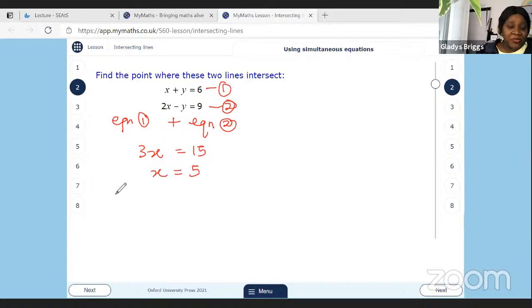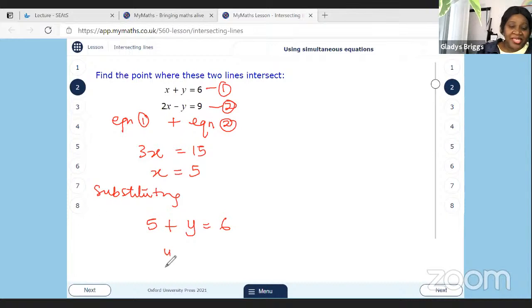And when x is equal to 5, we can substitute back into the original equation. You can choose any one of them. That's okay, Rim, I'll mark you now. So you can say 5 plus y is equal to 6.